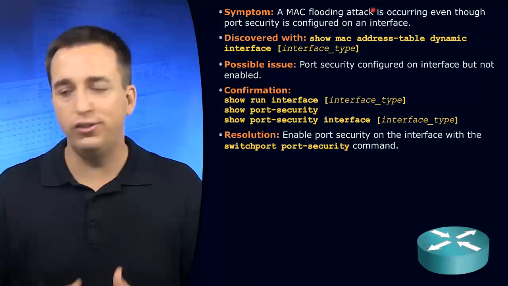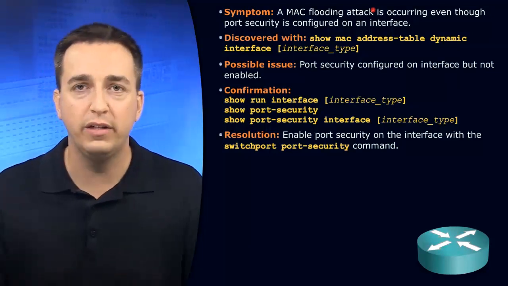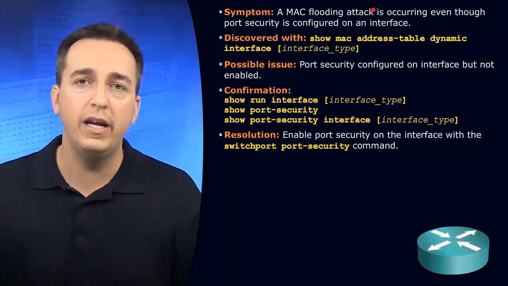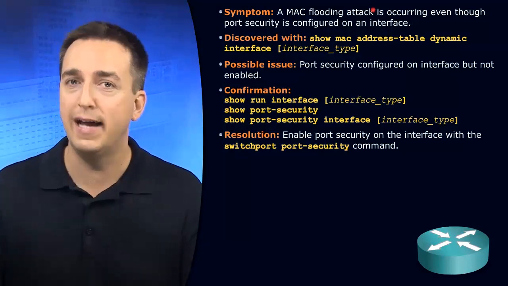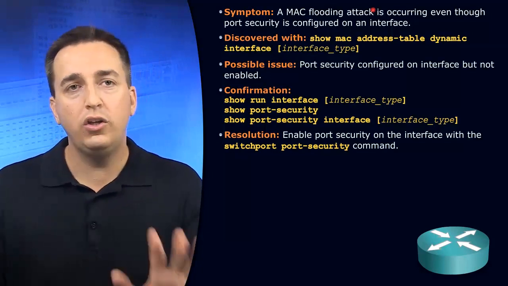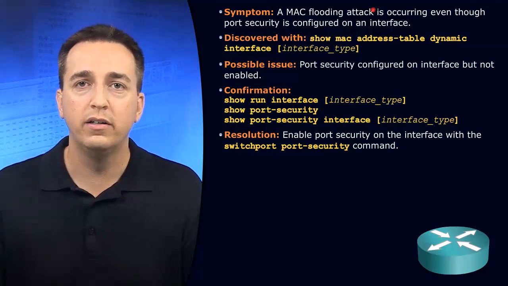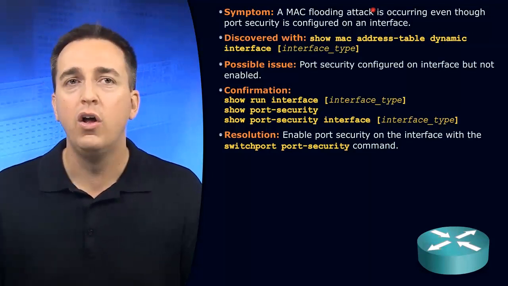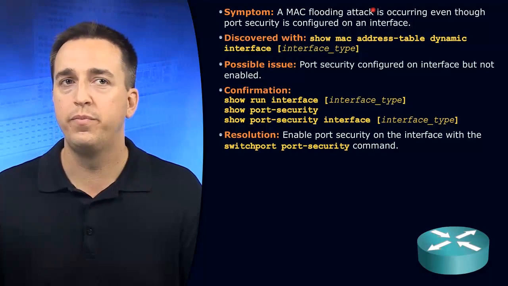So essentially that malicious user is just trying to gather information and hopefully find the diamond in the rough, that one piece of information that's going to help elevate their privileges and attack the network further at a later point in time. But you have port security configured, and you're still experiencing the MAC flooding attack. Why is that happening?